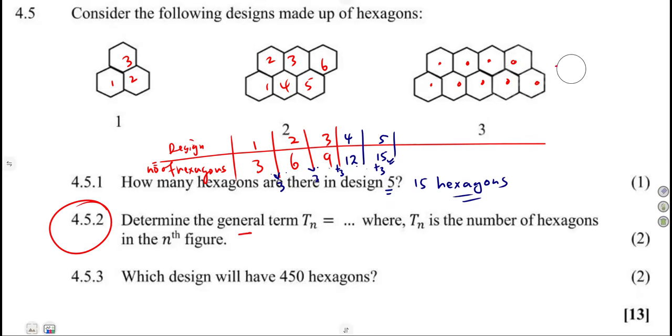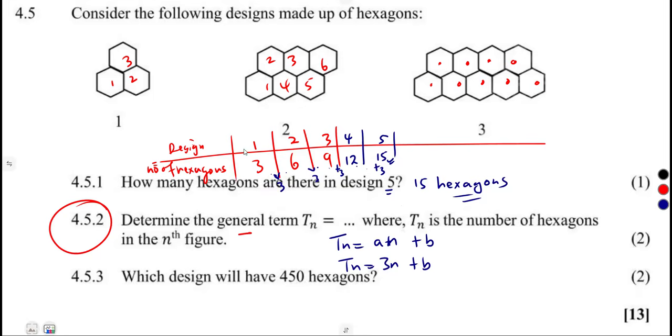Or you can use the formula, since we can see that there is a common difference of 3, a constant difference of 3. So you're dealing with a linear pattern where Tn is equal to an plus b. So our a is the common or constant difference of 3. That's 3n plus b.